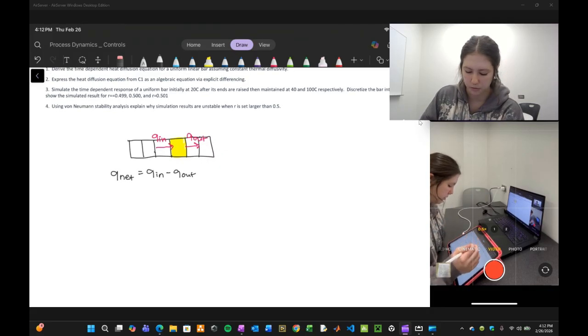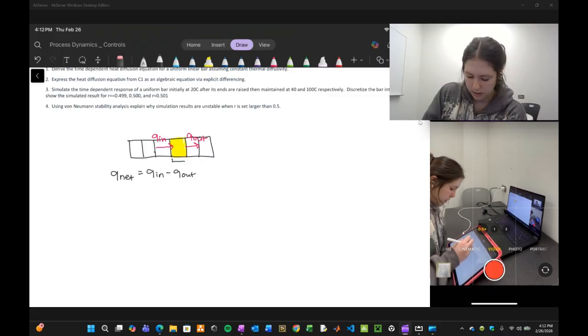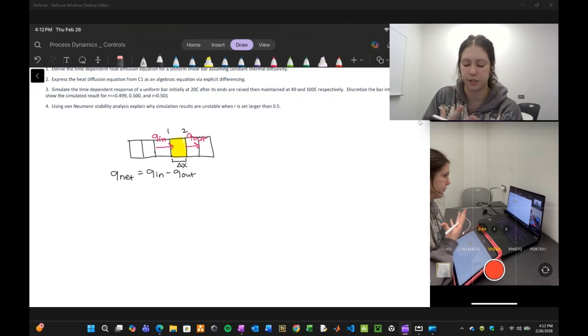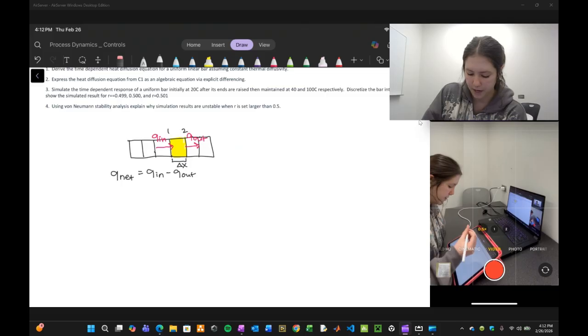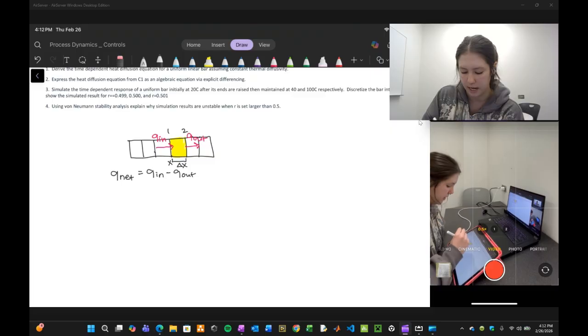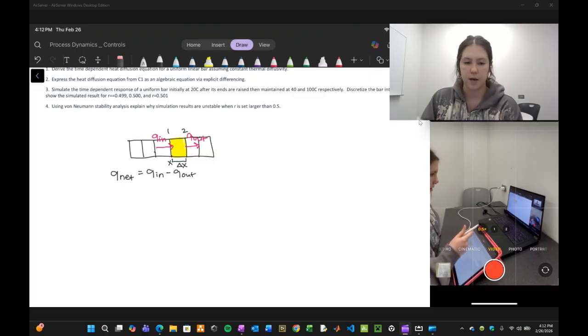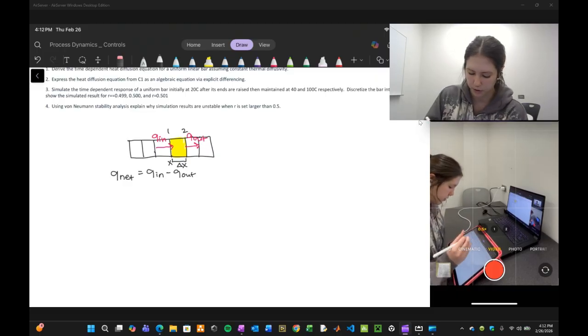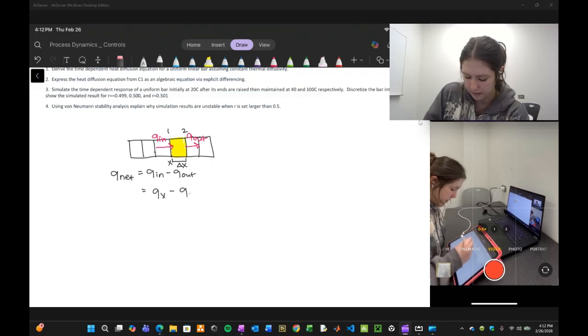But we can also look at this as point 1 and point 2 having a certain distance between each other, the distance between position 1 and position 2. So if we define position 1 as being at point X, then at position 2, that would be equal to X plus delta X. So we can rewrite this as Qx minus Q of X plus delta X.